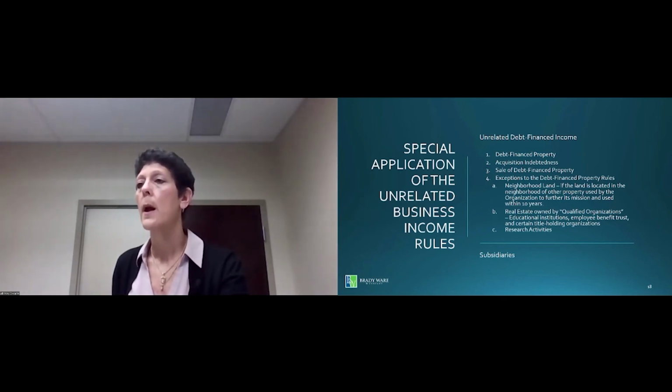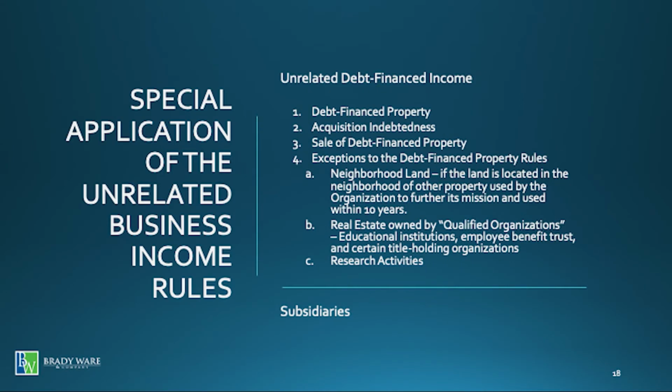So I'm hoping that has helped give you some clarity to how the IRS determines UBIT and activities that you might look into or need to question when you start a new activity fundraiser.